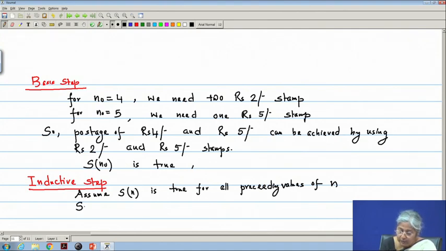So, it is true for n minus 2. So, Sn minus 2 is true.